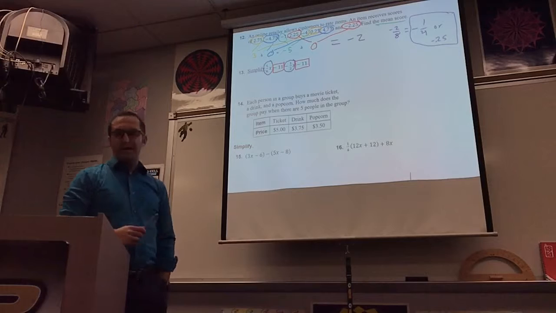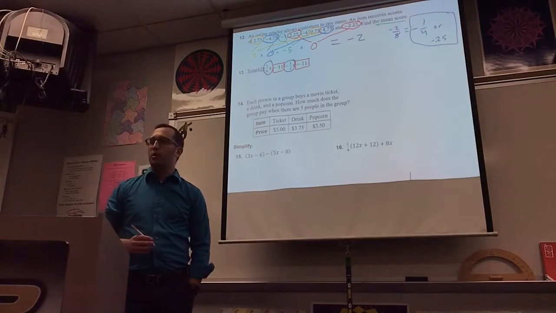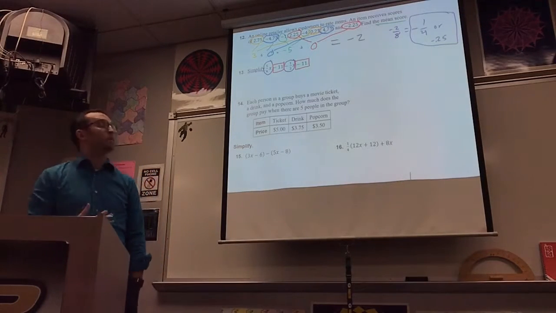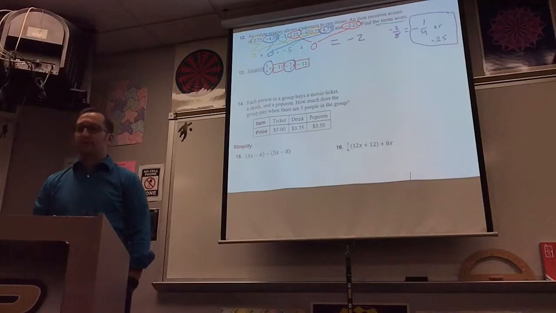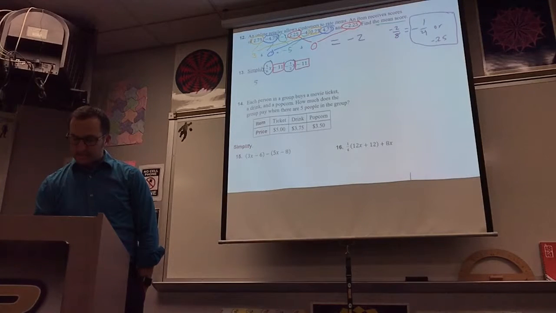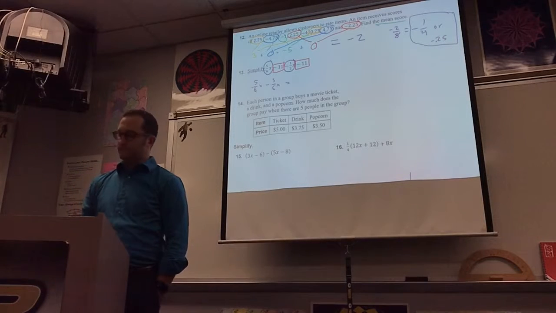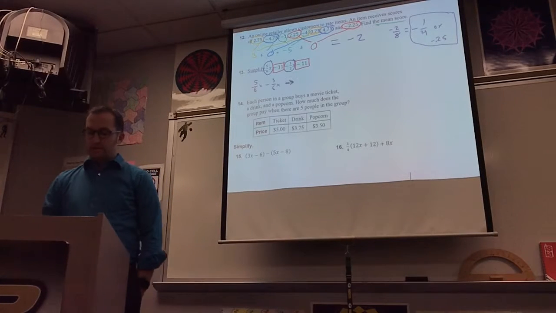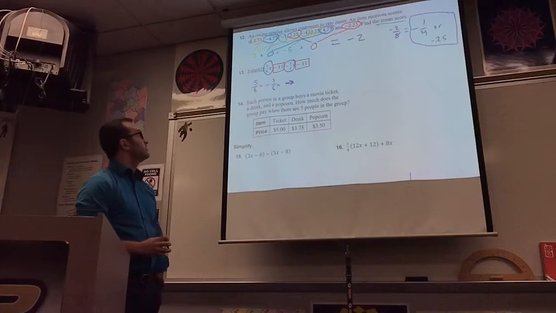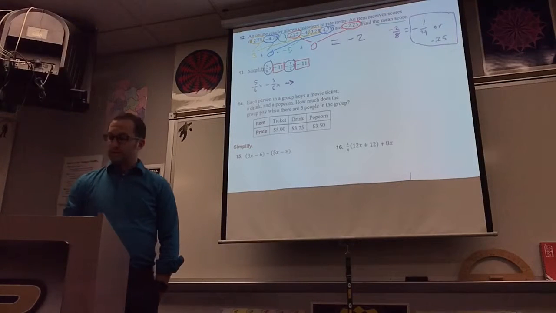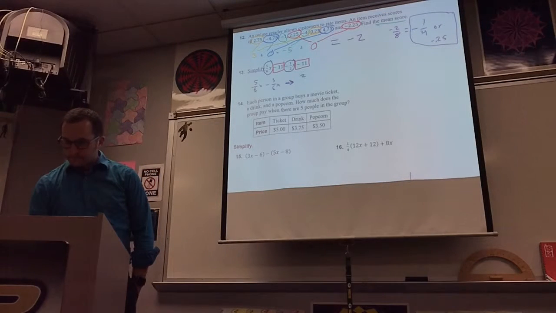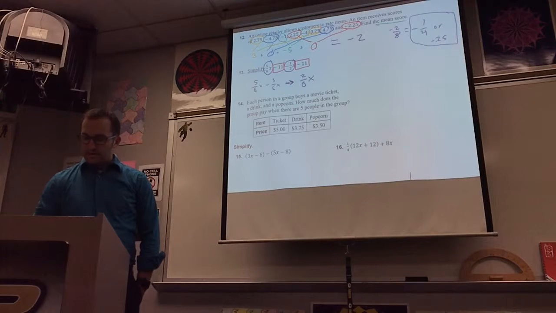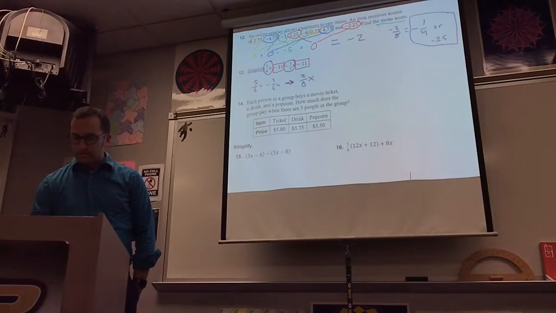5/6 and -1/2. Well, to do this one, we probably are going to want to get them to be common denominators. So 5/6 x minus 3/6 x, which gives us 2/6 x. And then the -11 and the -11 gives us -22.